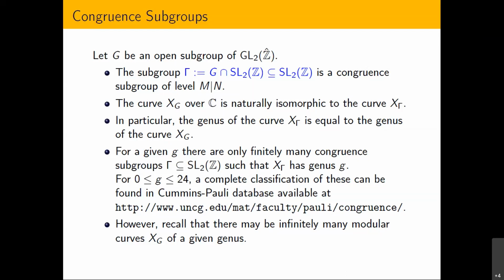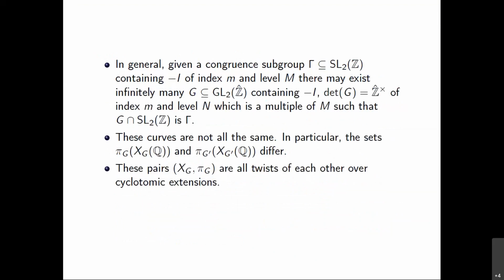This is the link. But as we saw in a couple of examples before, we can have infinitely many modular curves X_G of a given genus. So in general, what happens is, given a congruence subgroup of level m, there may exist infinitely many G, again satisfying those two conditions, whose level is a multiple of m, but they are all coming from gamma.